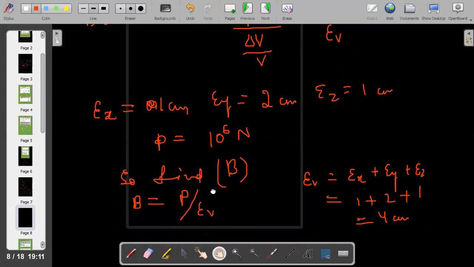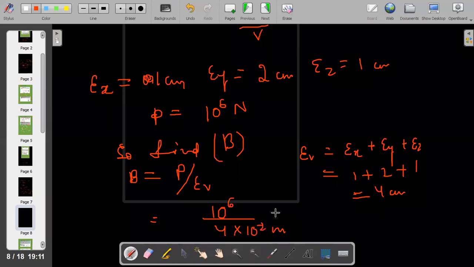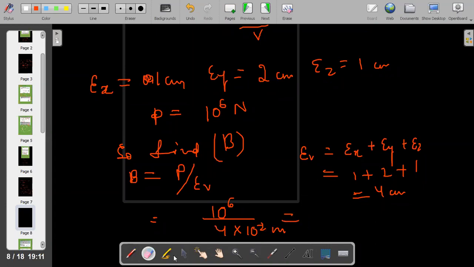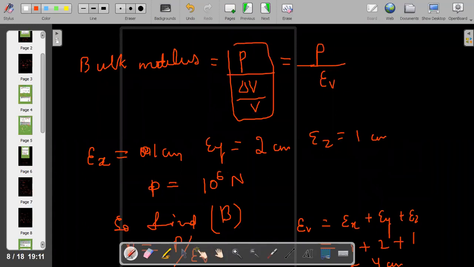So 10 to the power 6 divided by 4 into 10 to the minus 2 gives 10 to the power 8 by 4, which is 25 into 10 to the power 6. Just remember the bulk modulus is P by delta V by V.